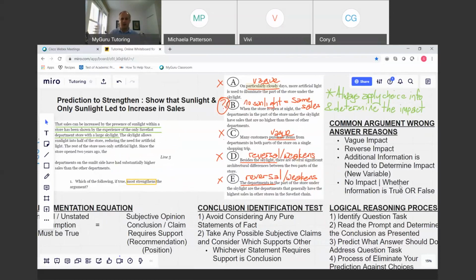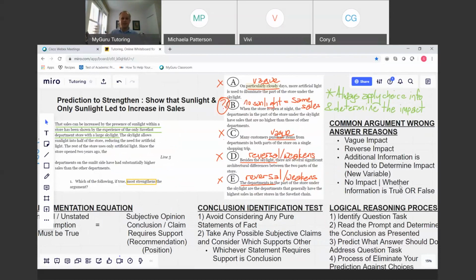But if I get rid of the no higher and I say that when the store is open at night, the departments in the part of the store under the skylight have sales that are higher than those of other departments, well, then I go, well, the sun clearly isn't the important thing.